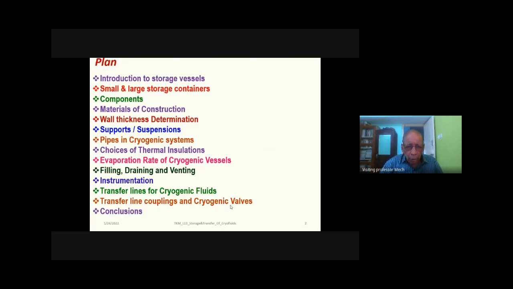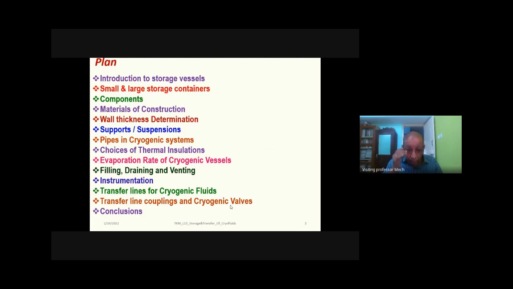Now, what is the plan of my talk is like this. We will talk about introduction to storage vessels, the small and large storage containers, the various components that go into the fabrication, the materials which are used for construction, how do you determine the wall thickness, supports and suspensions, and then piping in the cryogenic systems, the choices of thermal insulations, and then the evaporation rate of cryogenic vessels, cryogenic containers.